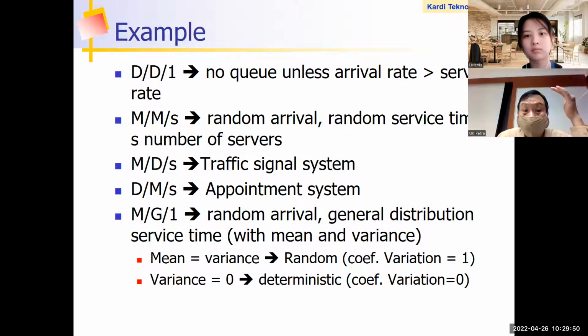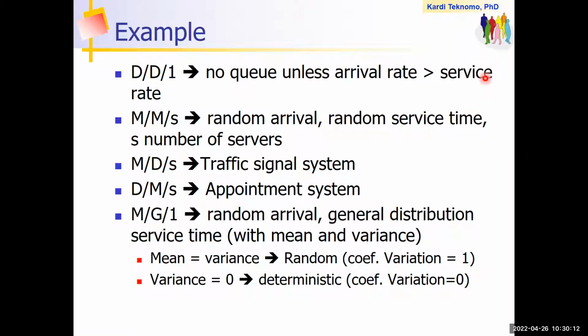This is special. When you have DD1, they will have no queue unless the arrival rate is actually larger than the service rate. So this is a special thing.